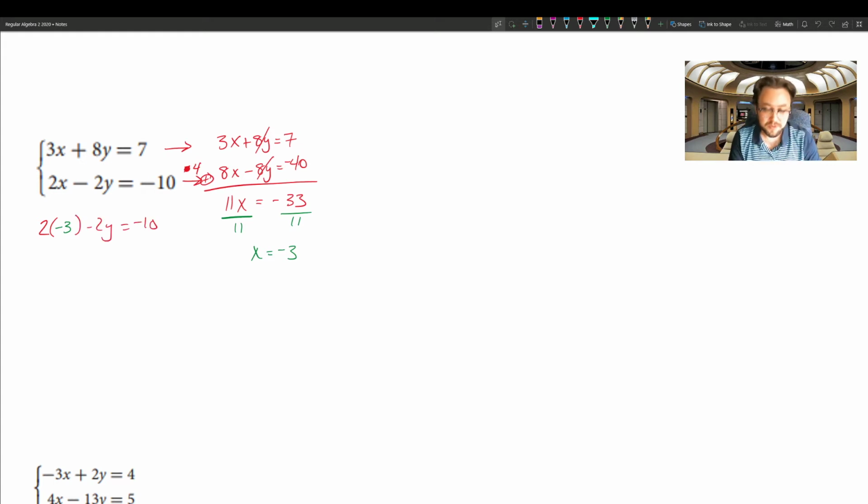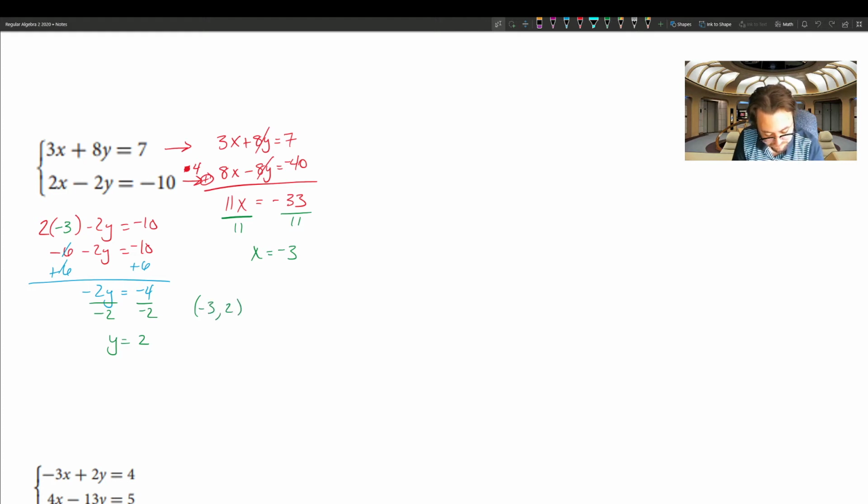That's -6 minus 2y equals -10. I'm going to add 6 to both sides. These cancel. -2y equals -4. Divide by -2, and we get that y equals 2. So my solution as a coordinate, x comma y, will be -3 and 2.